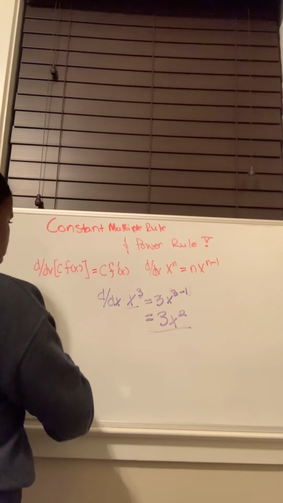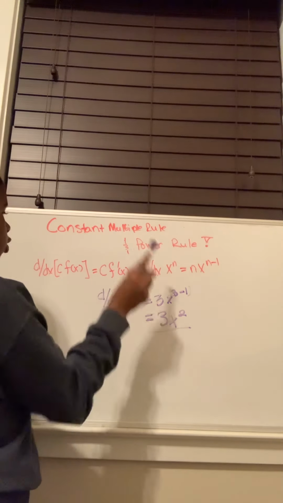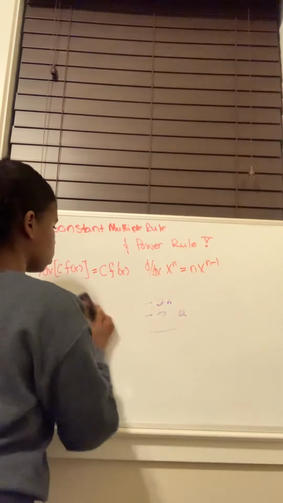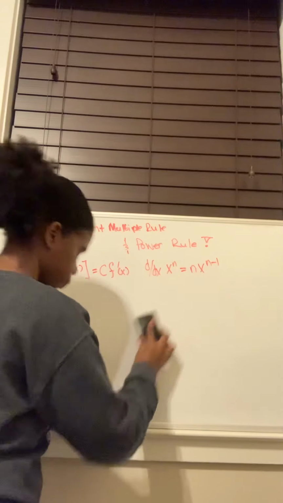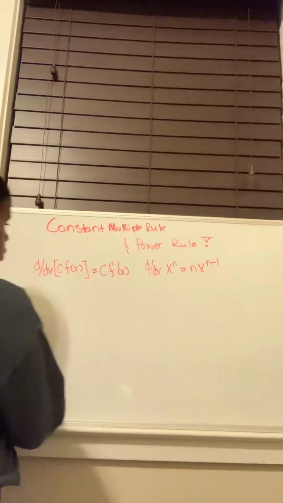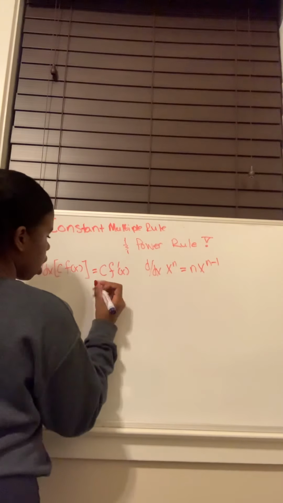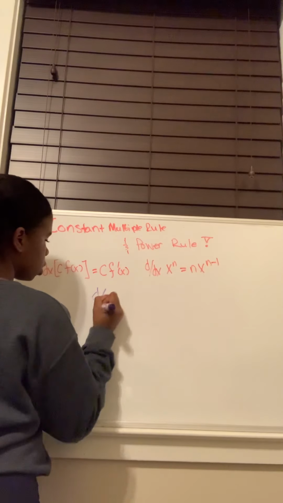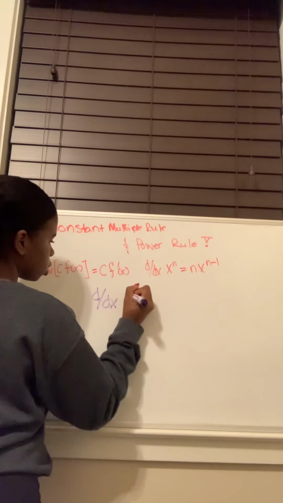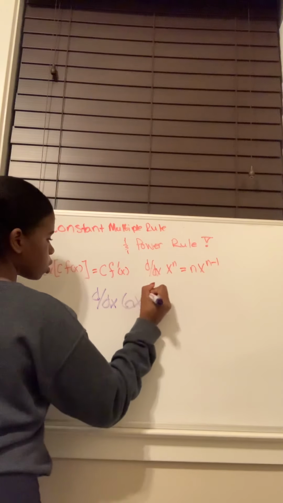Now, let's go ahead and combine the constant multiple rule with the power rule. All right, so it's d/dx of 6x squared.